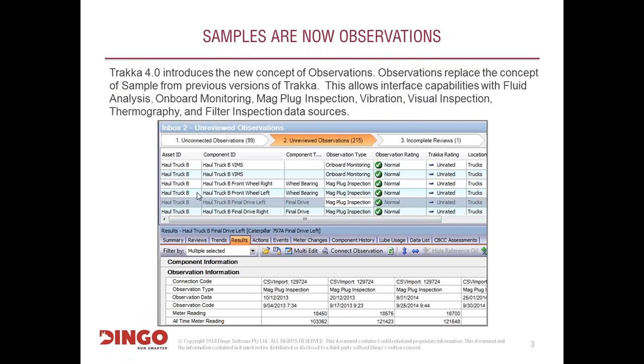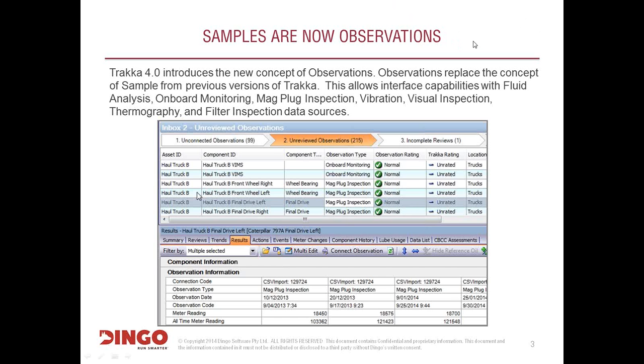Trakka 4.0 introduces the new concept of observation. People will be used to seeing samples in Trakka, but now from 4.0, we've renamed them to be called observations, which replace what used to be a sample in previous versions. This allows the interface to deal with different types of data, things like fluid analysis, onboard monitoring, mag plug inspections, vibration, visual inspections, thermography, etc., as you can see on there.